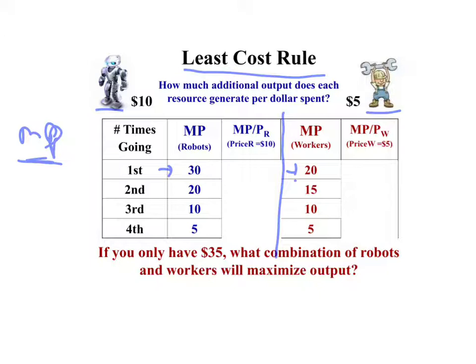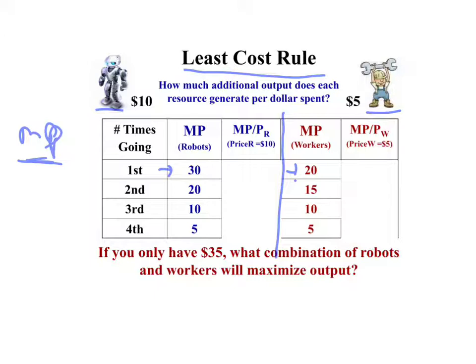However, it's not only marginal product that we're interested in, we're also concerned about the price of the resource, okay? So even if robots are a lot more productive, doesn't necessarily mean that we should only buy robots. We might consider looking at workers because workers are a lot cheaper than robots. So the marginal product per dollar that's spent matters.